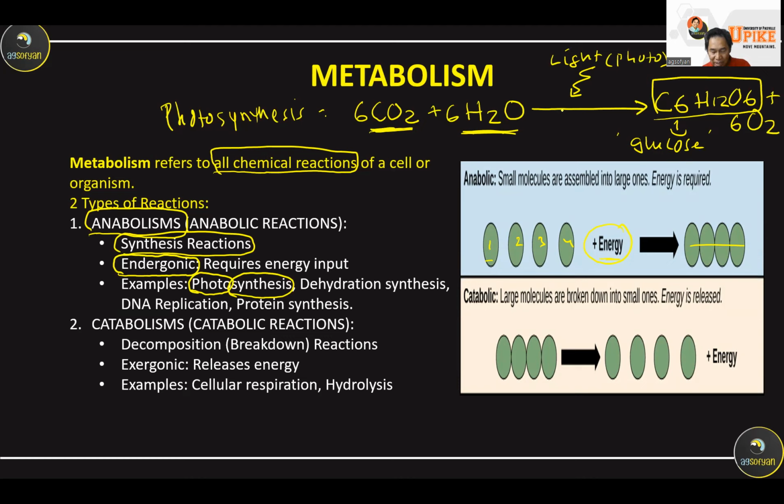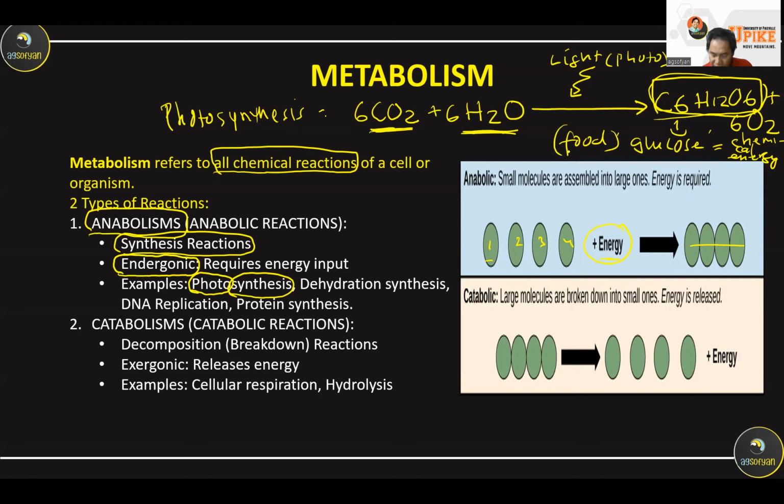Therefore, anabolism requires energy. Where does the energy go? The energy is not lost from this reaction. It is actually saved in this glucose. Therefore, glucose is also known as chemical energy, or we can say this is food.